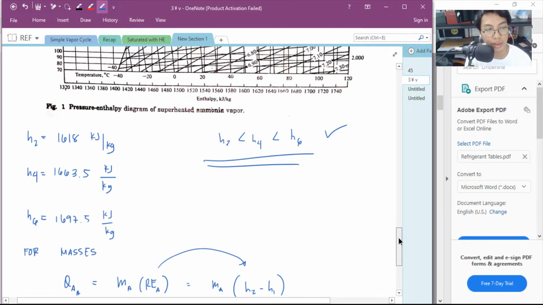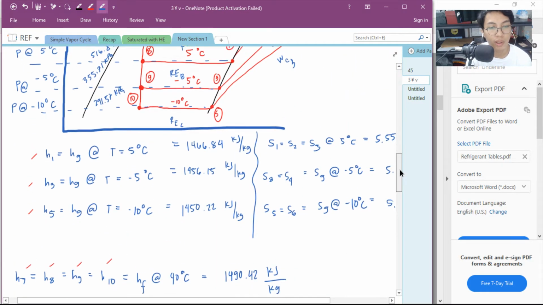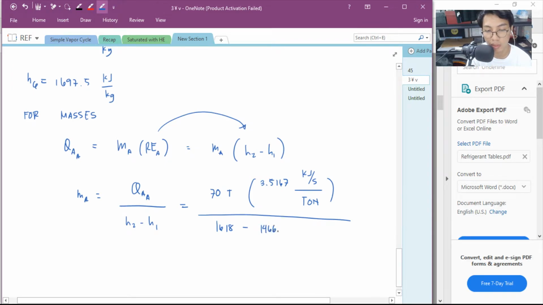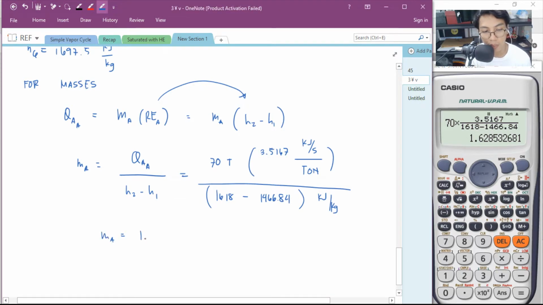Ano ba H2 natin dyan? 1618 minus 1466.84 kilojoule per kilogram. 70 times 3.5167 divided by 1618 minus 1466.84 is equal to 1.6285 MA. 1.6285 kilogram in every second of refrigerant.